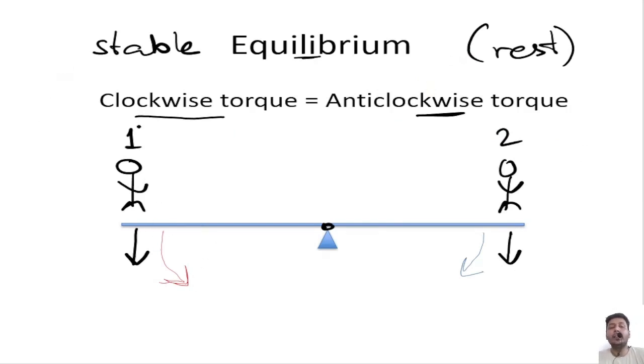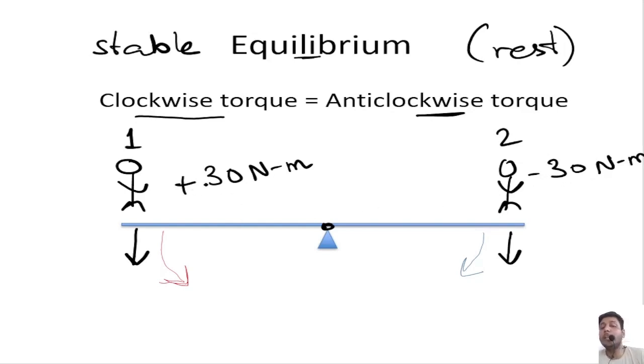Let us suppose that this person who is bringing anti-clockwise torque is bringing, let's say, 30 Newton meter of torque. And the second person who is bringing clockwise torque is bringing minus 30 Newton meter of torque according to the sign convention. Now, what will be the algebraic sum of clockwise and anti-clockwise torques? It will be plus 30 and minus 30. That will be equal to 0.